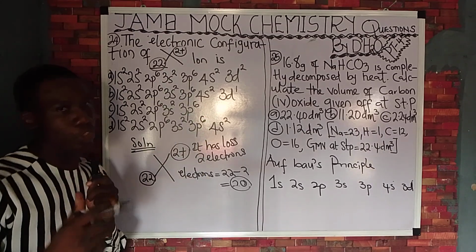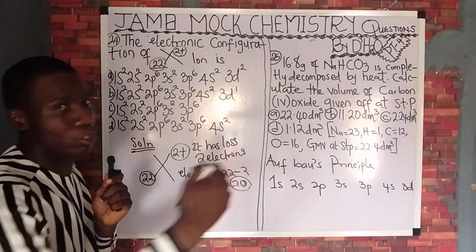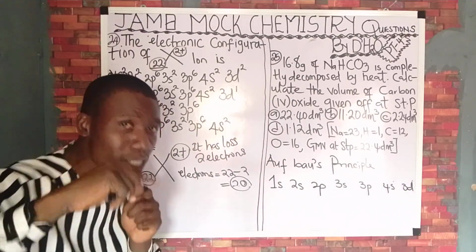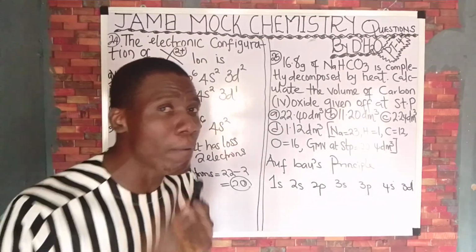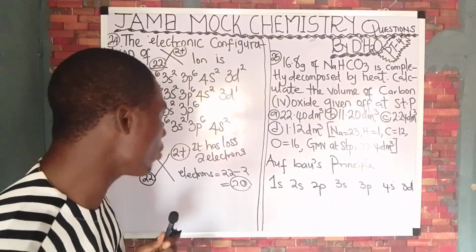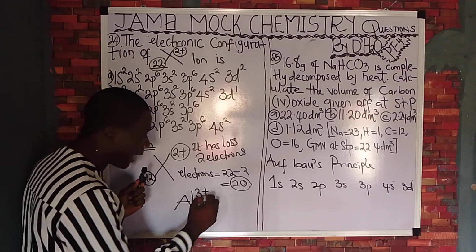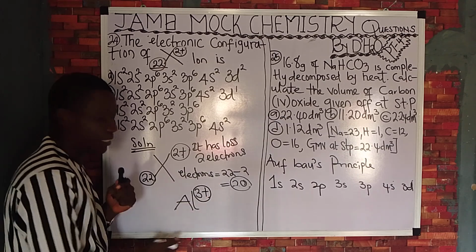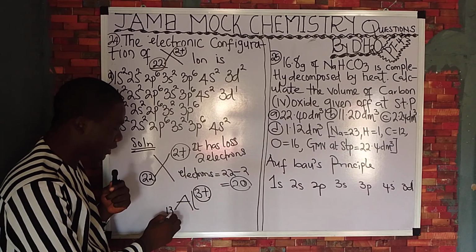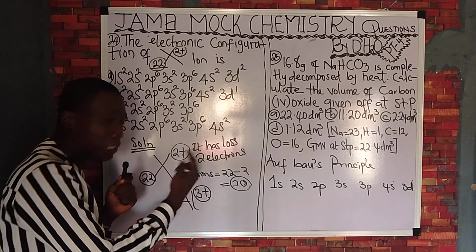For your notice, class, if you see positive, it means it has lost. But when you see negative, it means it has gained. So for this particular question, it has lost how many electrons? 2. Now, if I may ask, how many electrons has the ion lost in the other question on the board? It has 3 plus. So if here was 13 before, and you have 3 plus, it means it has lost 3 electrons.